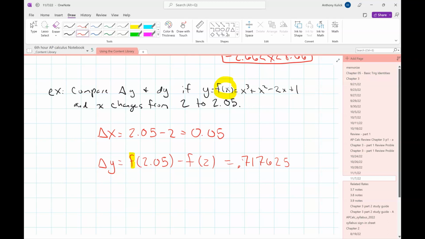Okay. Now let's calculate dy. So remember, dy/dx is just f prime of x, right? Which in this case is 3x squared plus 2x minus 2.